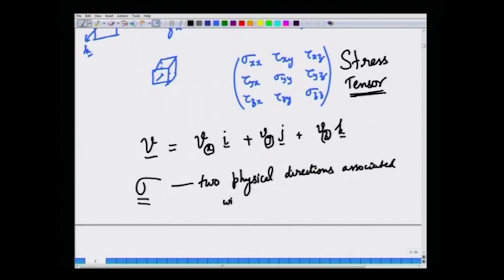So, velocity is a vector, stress is a tensor.